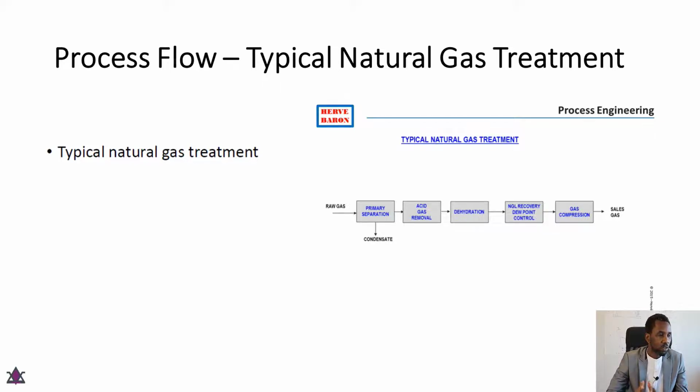So this is a typical natural gas treatment according to Herve Baron, which goes from the raw gas to petroleum separation to acid gas removal. In the first stage you also have condensate separation, then you have dehydration, natural gas recovery, dew point control, gas compression, and it then goes to sale of this gas.